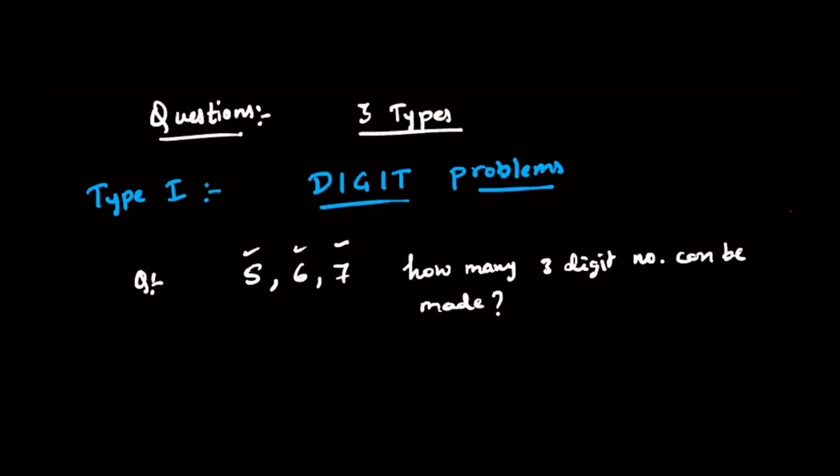The approach should be, first put three dashes because it's a three digit number. Now use the basic principle of counting, which says, in how many ways can I fill the first place, second place, and third place? Now here comes the concept of two things. Can we have 555? Yes, 555 is a three digit number, right?